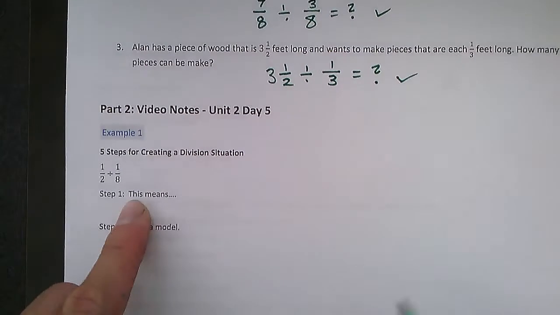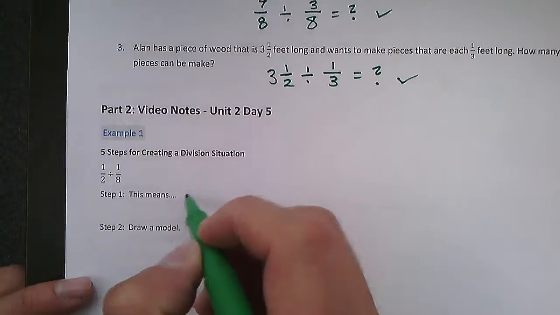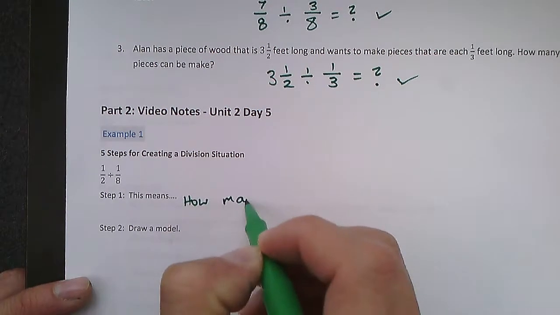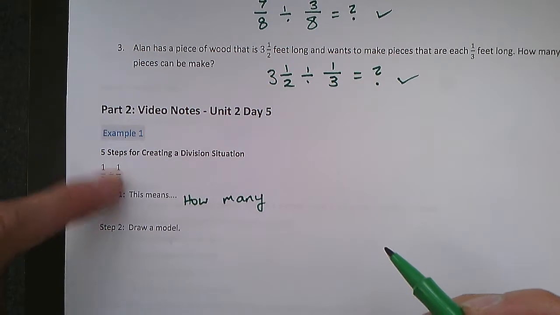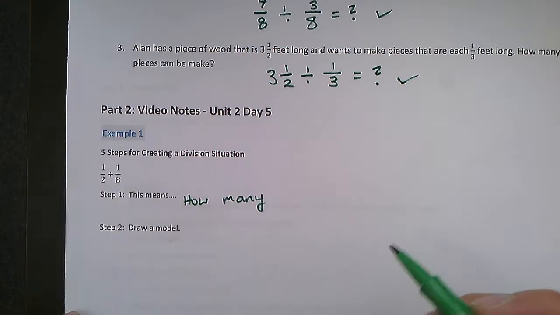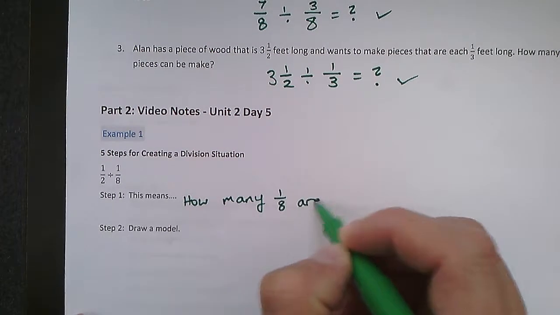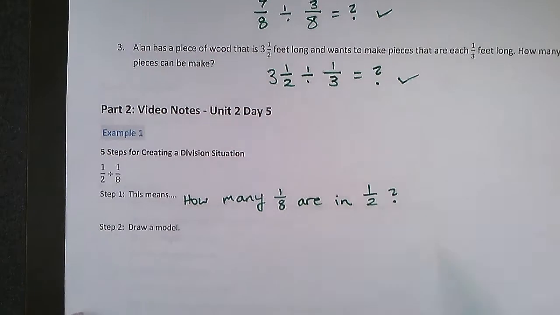So step 1 is first to think about, what does this equation mean? Well, it means how many. So it's 1/2 divided into sections that are each 1/8 big. So how many 1/8 are in 1/2? That's what we're trying to figure out.